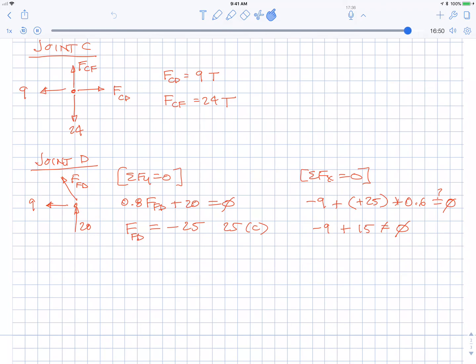So no, I did get the reactions right. So that means that just somewhere in one of these joints I've made a mistake. You can see how this is very tedious, how it's very prone to error. So I'm going to slowly introduce a new technique. Ultimately, the shortcut technique I'll teach you is very foolproof and very easy to see where our errors are.